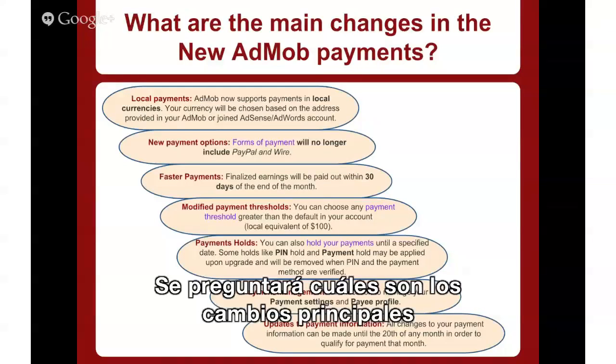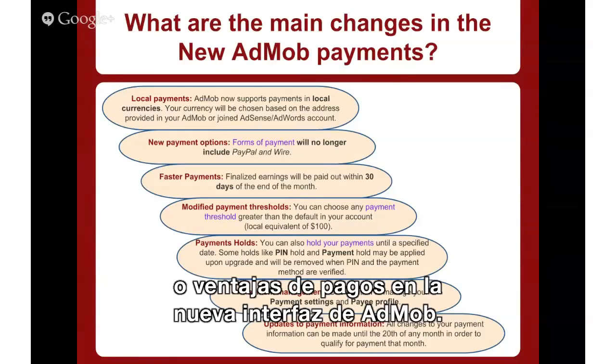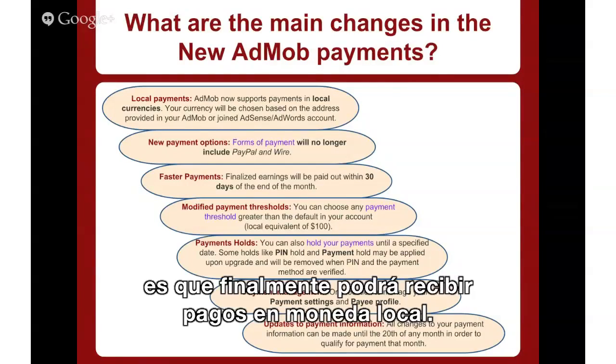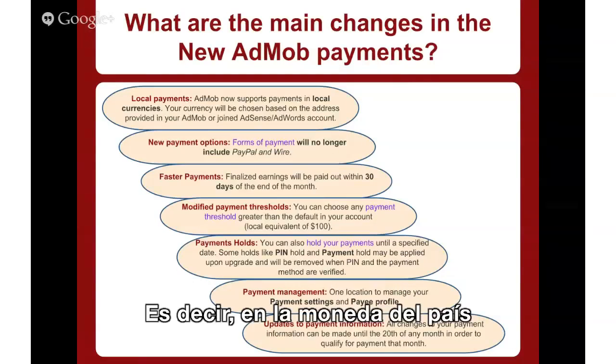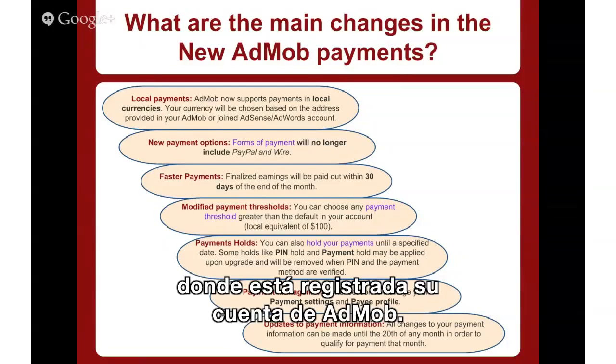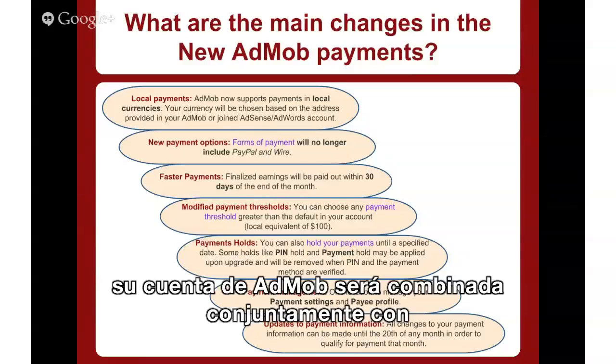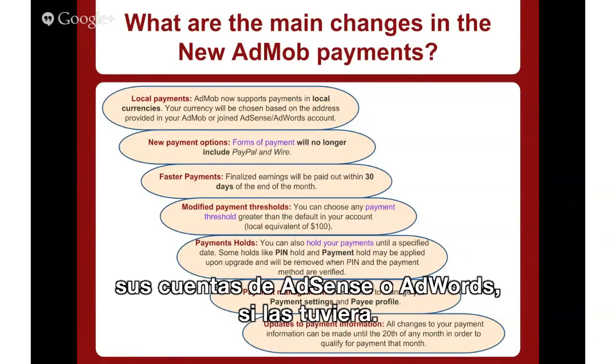So you probably wonder what are the main changes or advantages of the payments in the new AdMob interface. One of the main things is you finally will be able to get paid in the local currency. What we mean by local is the currency of the country in which your AdMob account is registered. However, upon the upgrade, your AdMob accounts get merged together with your AdSense or AdWords account if you had one.